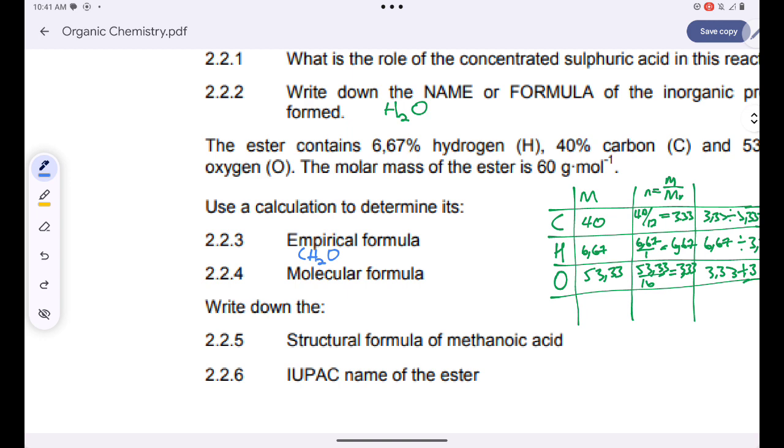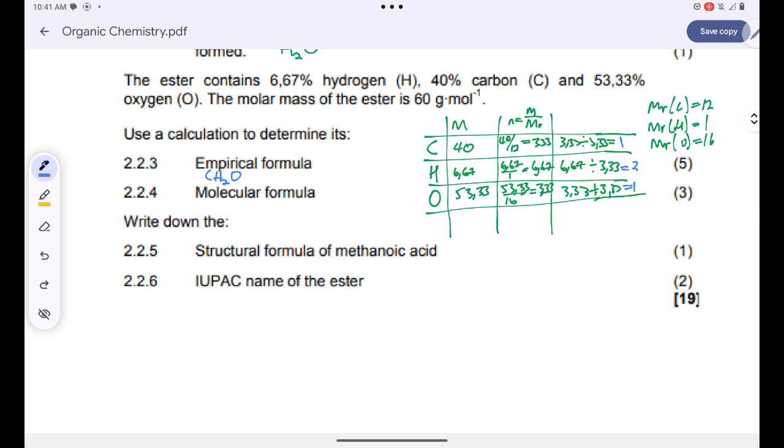And then now I must find the molecular formula. For me to find the molecular formula, guys, it's quite easy. I must first find the relative atomic mass of my empirical formula. So that's just 12 for carbon plus 2 times hydrogen, and then plus 16 for oxygen.